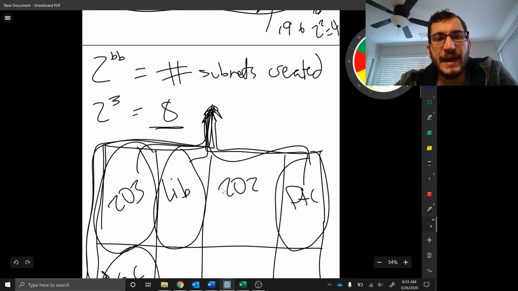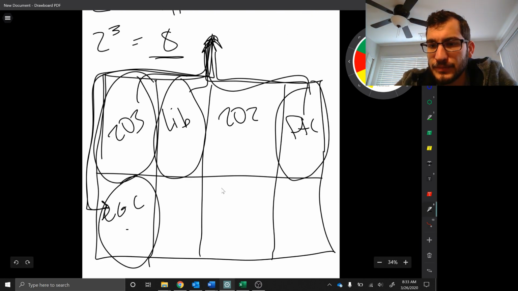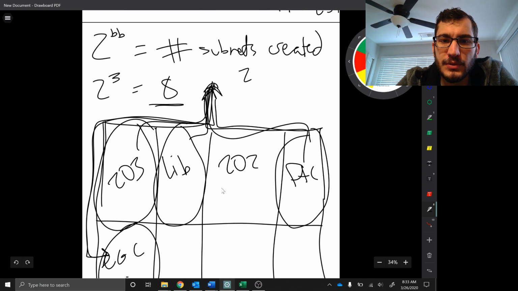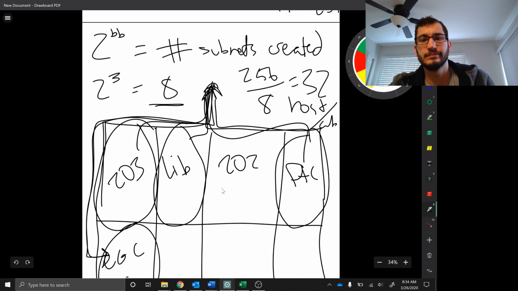So if I have 8 subnets, like I say here, how many hosts can I have? Well, that's a very good question. Basically, all you do is 256 divided by the number of subnets created. So in this case, it would be 8. So 256 divided by 8 is 32. So we can have 32 hosts per subnet, which is pretty good.